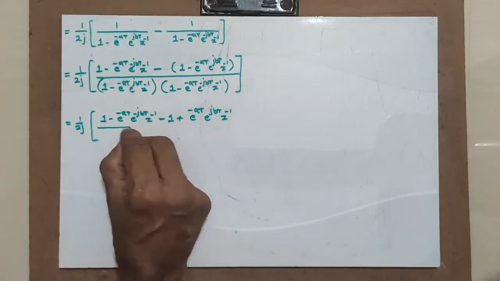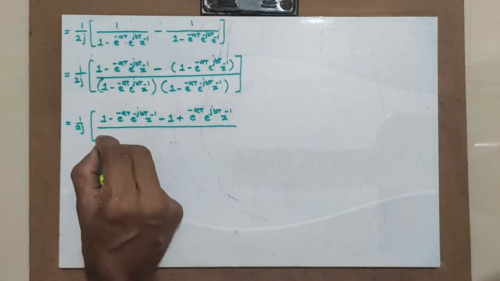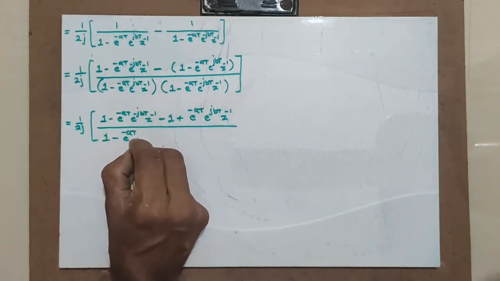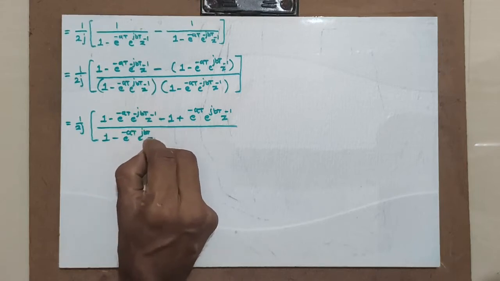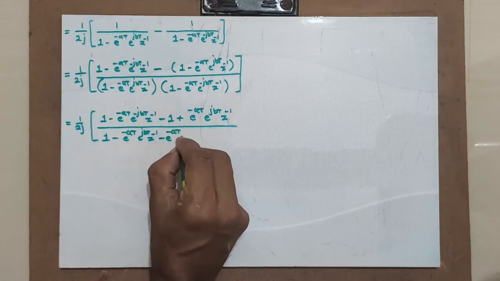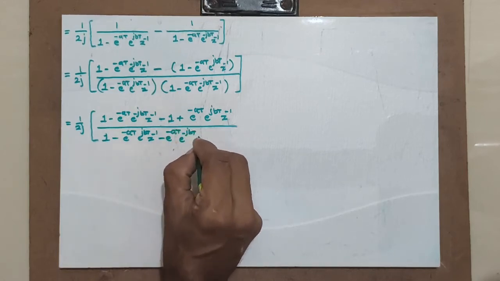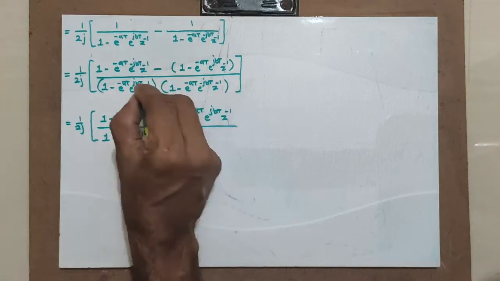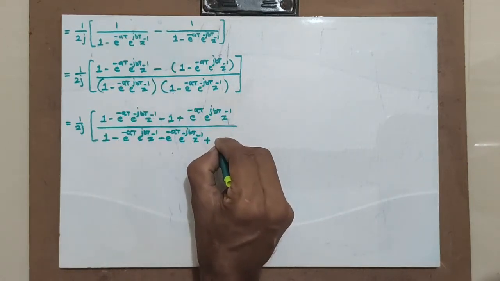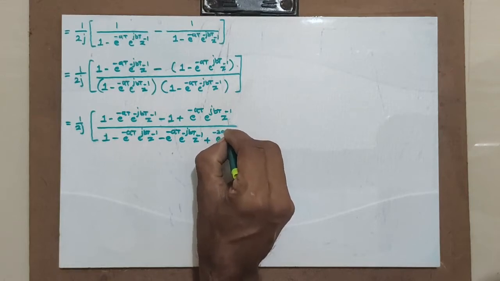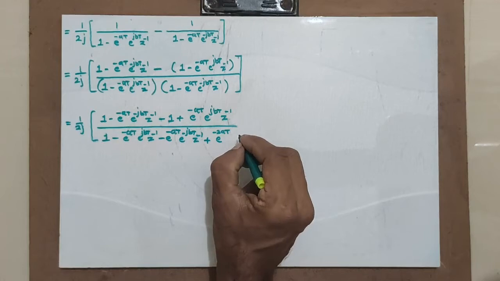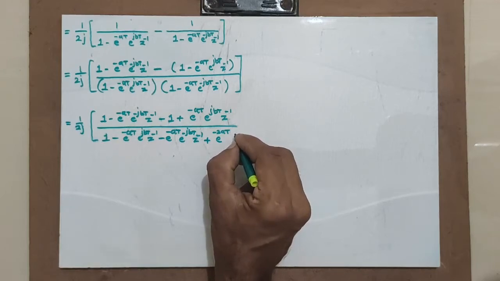Okay, whole divided by multiplying these two gives us 1 minus e raised to minus aT, e raised to jbT, z raised to minus 1, minus e raised to minus aT, e raised to minus jbT, z raised to minus 1, and this gets multiplied, plus e raised to minus aT into e raised to minus aT, that is e raised to minus 2aT.